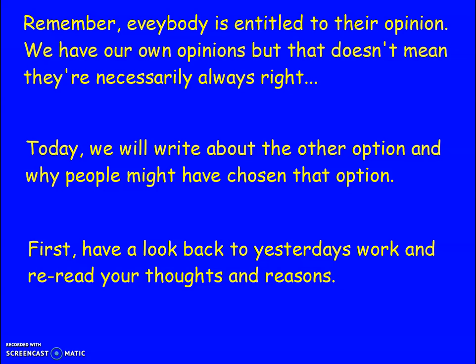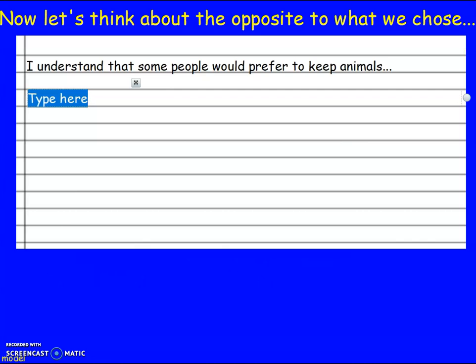If they've chosen the opposite one than you, why might they have chosen that option? Okay, so if you've decided that you would prefer animals to be kept in the wild, and that's what you're going to write your campaign about, the opposite would be animals being kept in captivity.